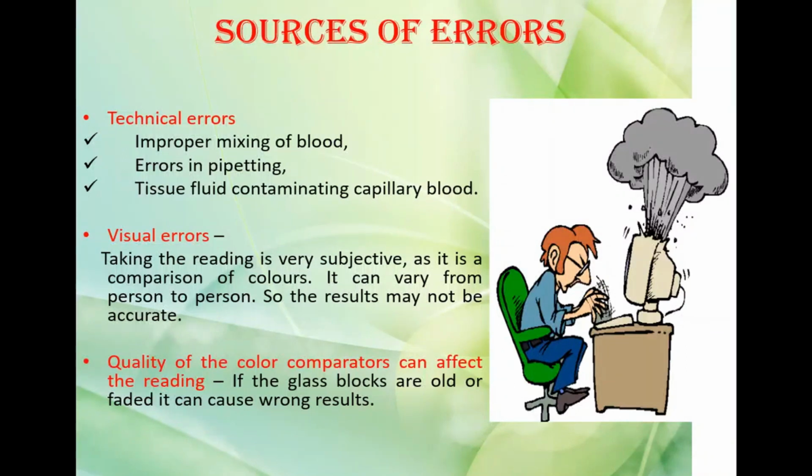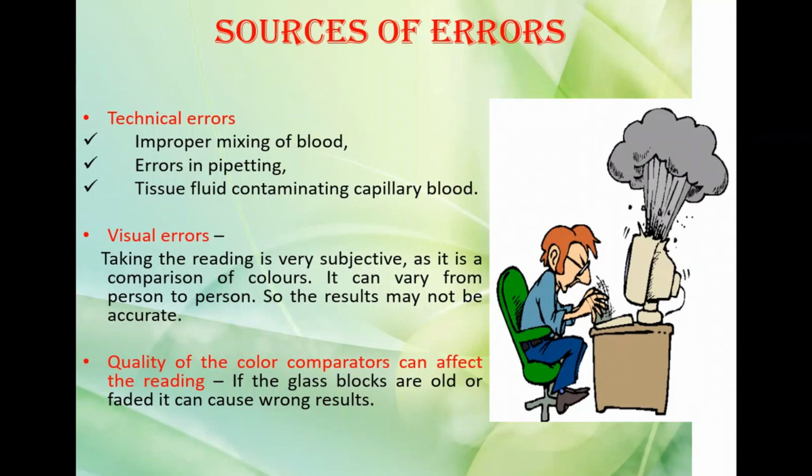So that is how you have to see visual errors: taking the reading is very subjective, as it is a comparison of colors. It can vary from person to person. That means one individual's calculation and another individual's calculation will be different. If you get the value from a machine, then it's not an issue, we'll get a value.